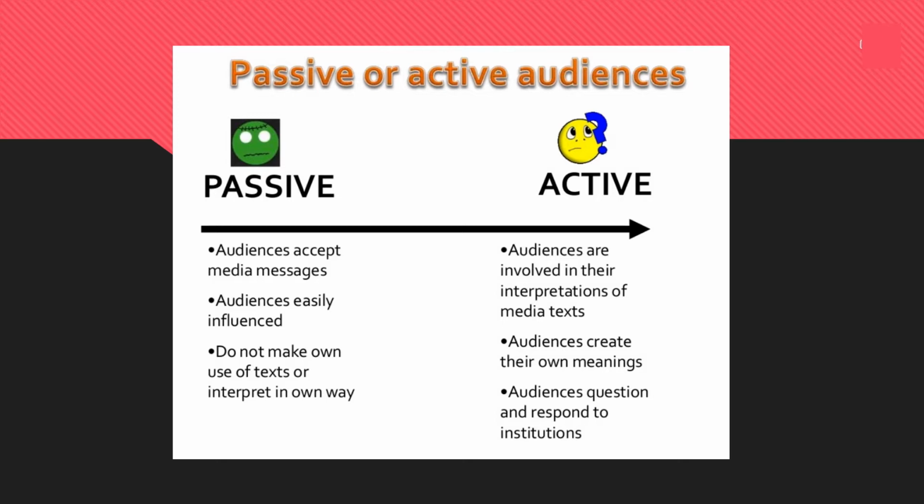If you're a passive audience member, it means that you're more likely to accept what you're seeing on the screen, so you're more likely to be influenced by what you're watching or listening to. If you're an active audience, that means that you're basically able to tell the difference between the fact that you're watching something that isn't real and that you can create your own meaning from what you see on the screen. It also means that you're less likely to be affected by what you see.